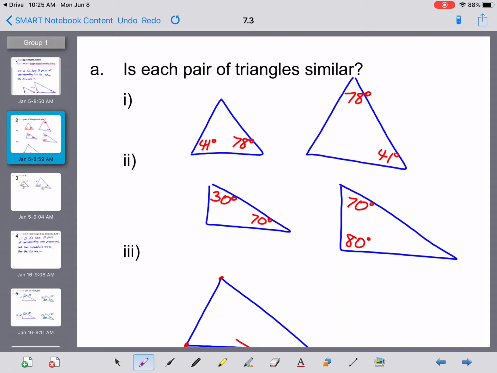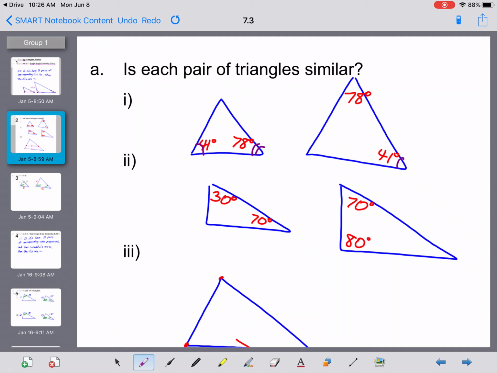So let's take a look at a couple of examples here, guys, and it's a simple yes-no in each one of these cases right here. Is each pair of triangles similar? So let's take a look at what's going on in number 1. We've got a small triangle on the left with a 41-degree angle here and a 78-degree angle here. To the right, let's take a look at what we have. Things have been flipped around a little bit. They're not quite in the same position, but sure enough, we have a 41-degree angle here.